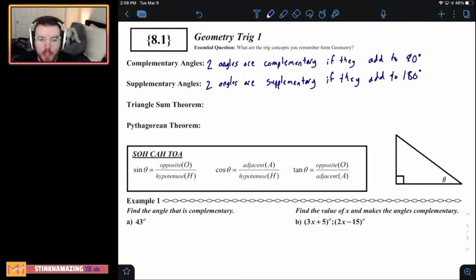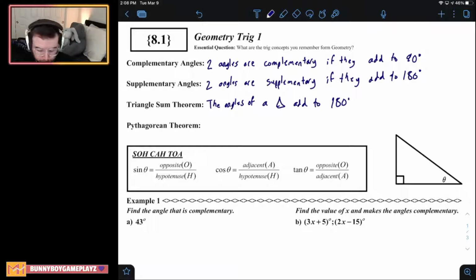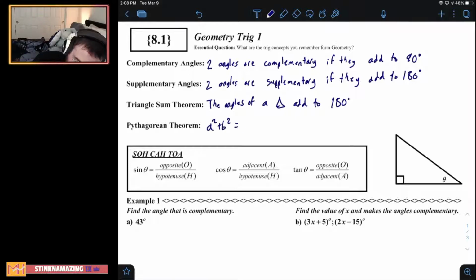The triangle sum theorem. What do we know about the angles of a triangle? The angles of a triangle add to 180 degrees as well. And the Pythagorean theorem says a squared plus b squared equals c squared. a and b are legs, and c is the hypotenuse.